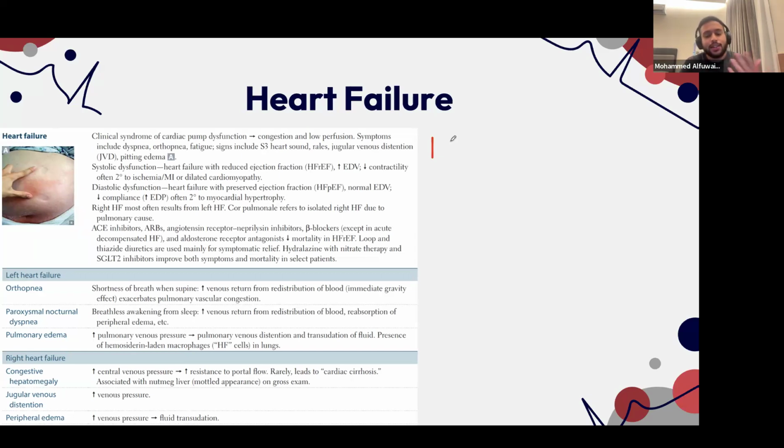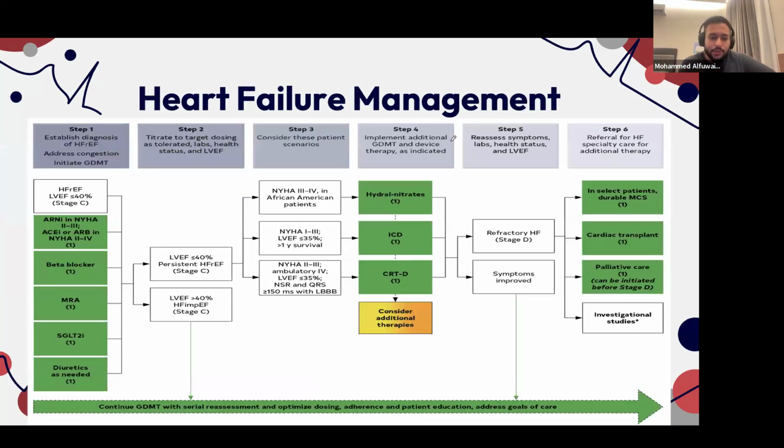Another class of drugs is SGLT2 inhibitors, which is a very good drug, for example empagliflozin. These drugs basically inhibit the sodium glucose transporter in the proximal tubule of the kidney. This is one of the main ways we can treat diabetes, but it's very good in heart failure too. These are basically the drugs, and you guys already mentioned all of them, mashallah.